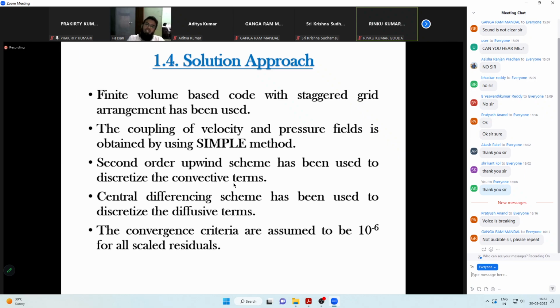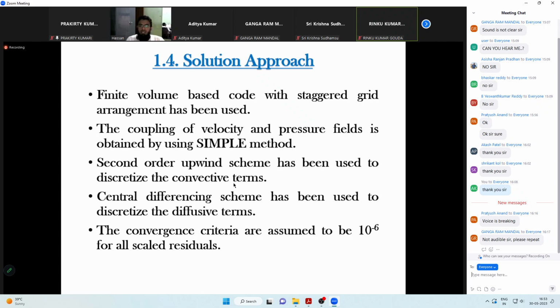Fortunately, in our case, the typical finite volume method works, and that has been employed here. So a finite volume based code with a staggered grid arrangement, and the coupling has been introduced by using the SIMPLE method. Coupling is required in order to integrate the velocity and pressure fields.